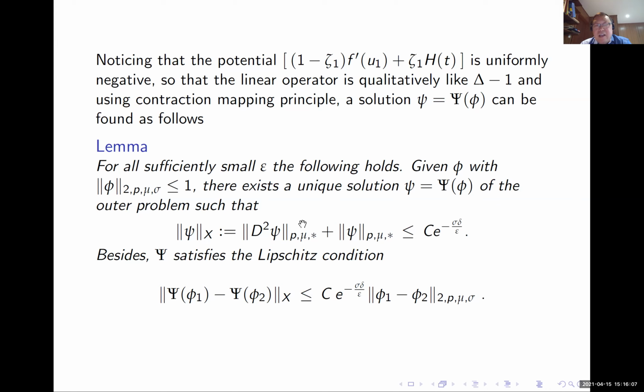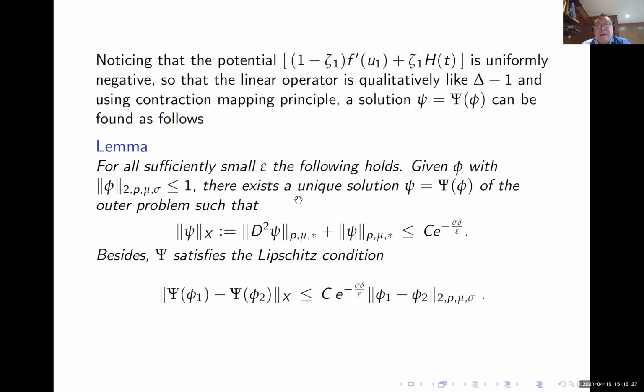And I have all the good estimates for the outer problem if I have good estimates for the inner problem. Also, this operator is Lipschitz, it satisfies some Lipschitz property. This is also needed.